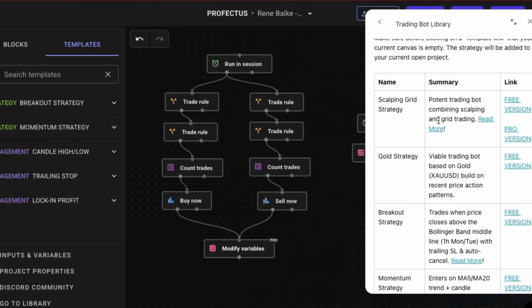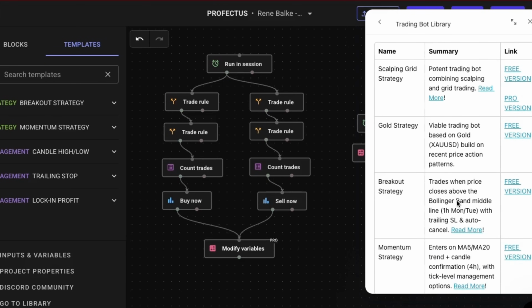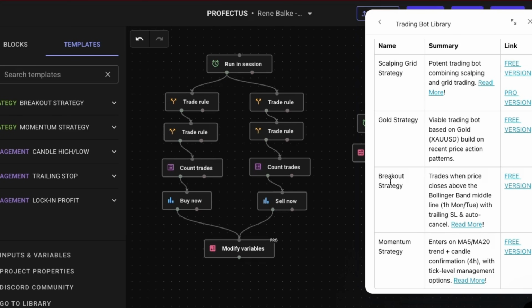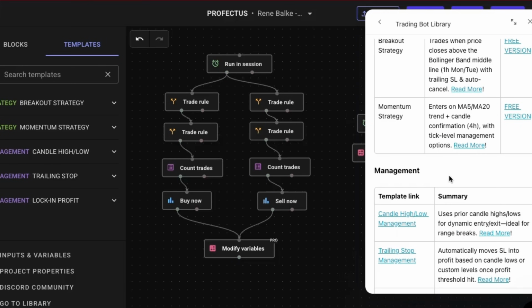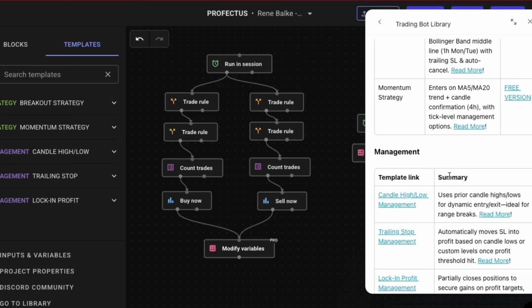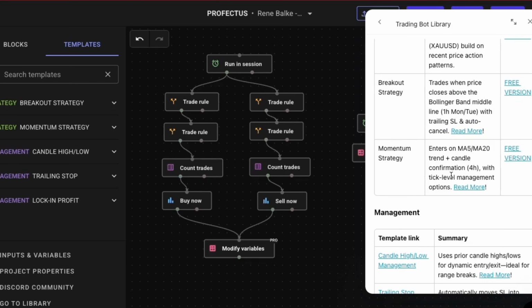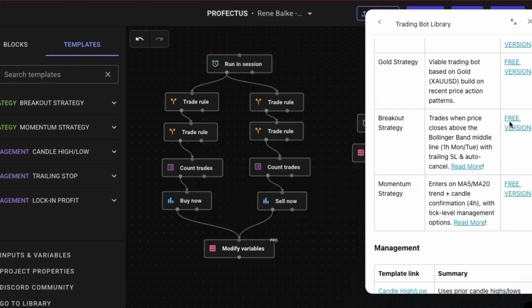And then you see we have many other systems, also another gold strategy built on price action and also a scalping grid strategy, even though I would not say it's a long-term viable strategy, but definitely a lot of fun to test yourself, backtesting, adjusting it, and there are also components in it that are definitely viable in combination with different kind of trading rationales. Then we have a different kind of breakout strategy presenting here to you, and also, for example, a momentum strategy, a couple of management styles as well. And this library is expanding as we speak, so definitely check it out.